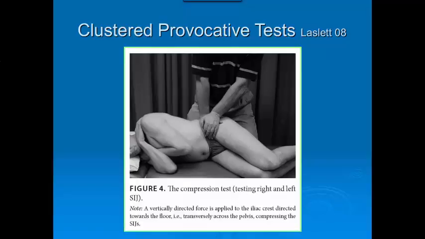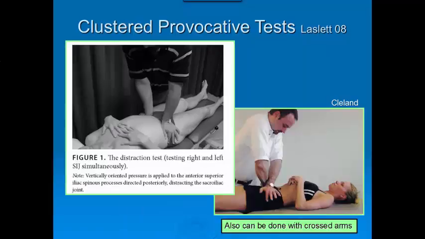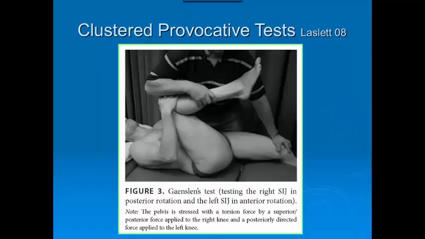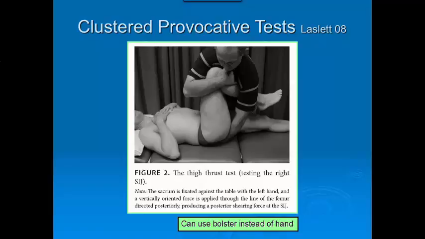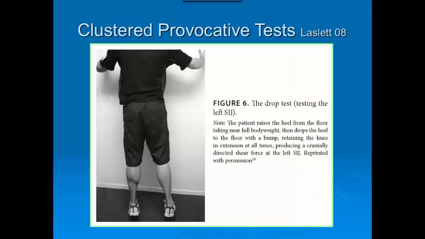First of these tests was a compression test stressing the posterior SI joint ligaments, the distraction test stressing the anterior ligaments, the Gaenslen's test stressing end range motion of the SI joint rotationally, the sacral thrust test involving a PA thrust of the sacrum upon the iliums, and a unilateral PA thrust test known as the thigh thrust test, and the drop test, which is an upslip shear test of the SI joint.